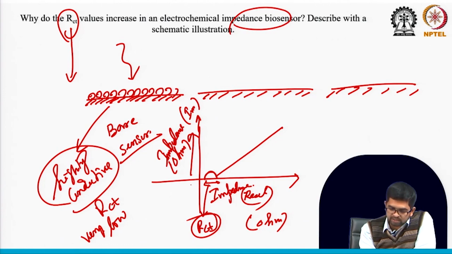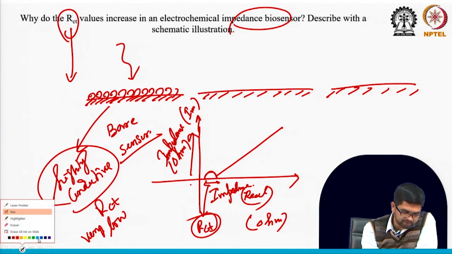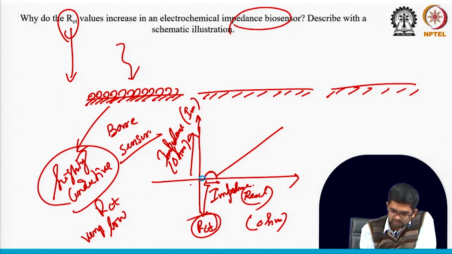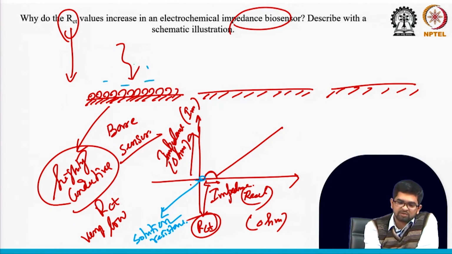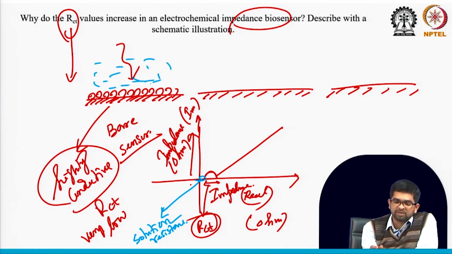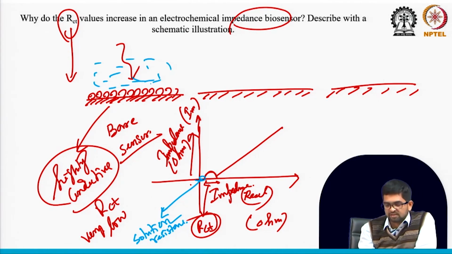And remember the starting point, this is because of the solution resistance, right? It will not start exactly from the origin 0; there should be some resistance. This is because there is some solution, some electrolyte you are using, some buffer or some real sample. So that sample resistance will be this one.